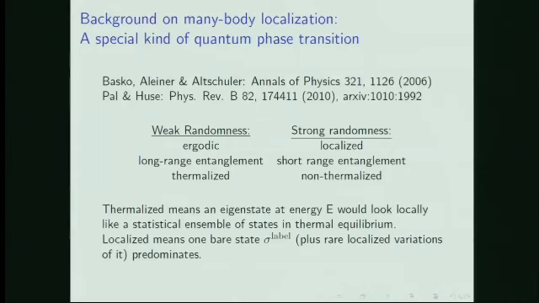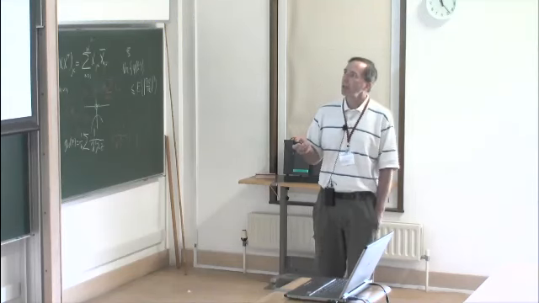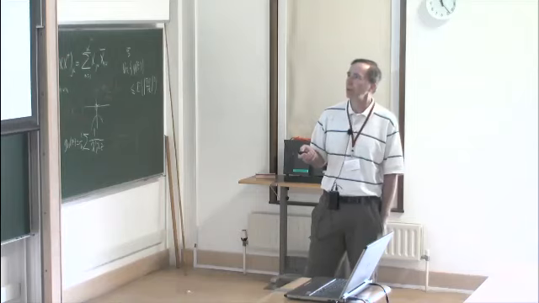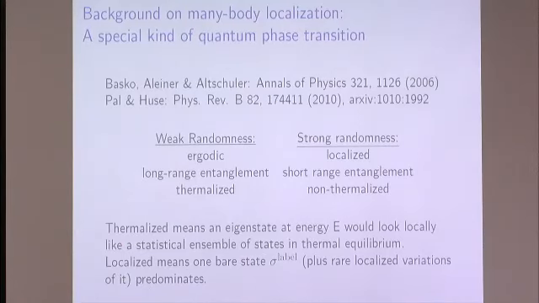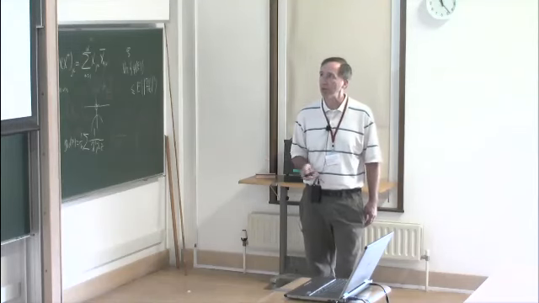In the strong randomness, you're going to have the localized situation where, like I described, the eigenfunctions resemble those of the j equals 0. But this goes along with short-range entanglement, as I just mentioned, and lack of thermalization. And the opposite phenomenon will be present in the case of weak randomness. By thermalized, we just mean that an eigenstate at a given energy would look locally like a statistical ensemble of states in thermal equilibrium, which would be the exact opposite of the situation I was trying to describe, where you have really one state predominating for the localized regime.